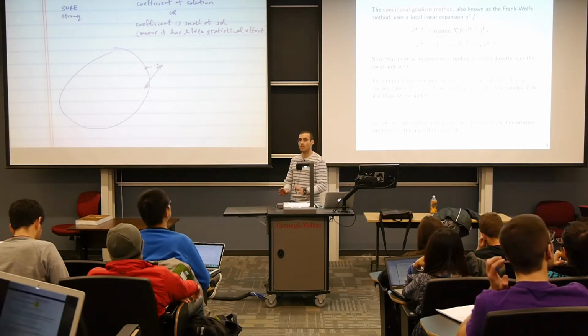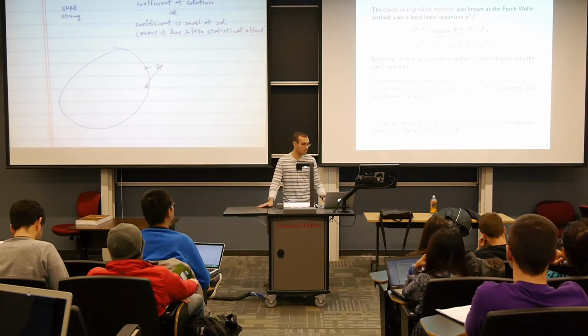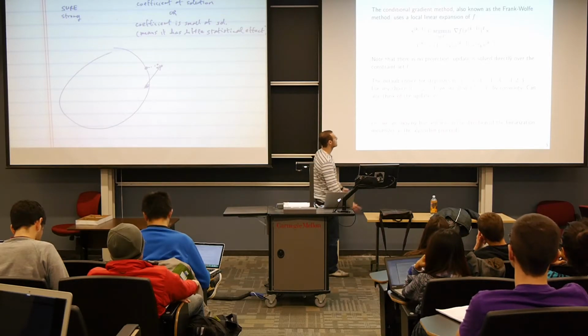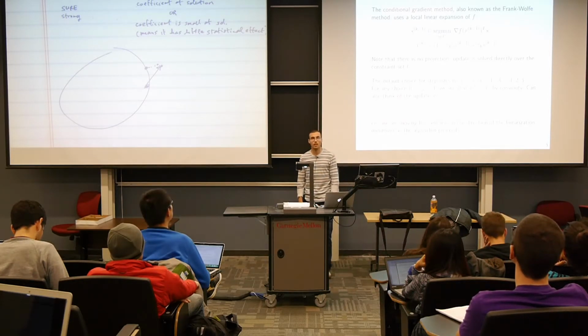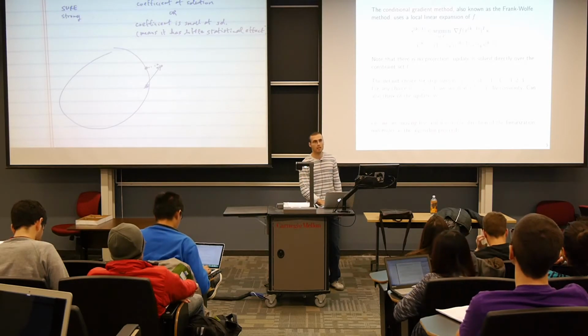So they don't depend on a Lipschitz constant for my function. I don't do backtracking line search by default. I just take a fixed choice of step size, which is 2 over k plus 1. That happens to work well. And we're going to see later on that with this choice, we get a convergence rate for Frank-Wolfe that's very much like gradient descent.